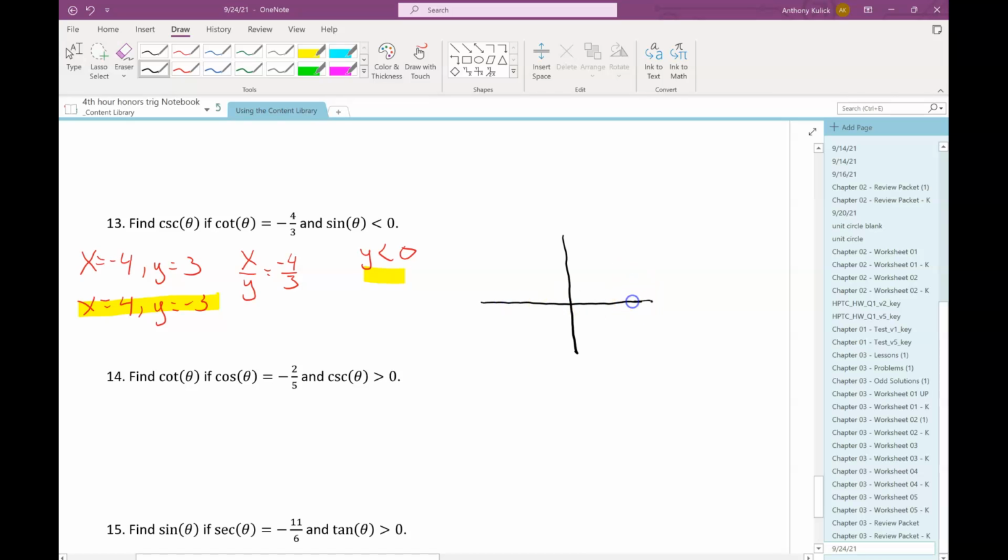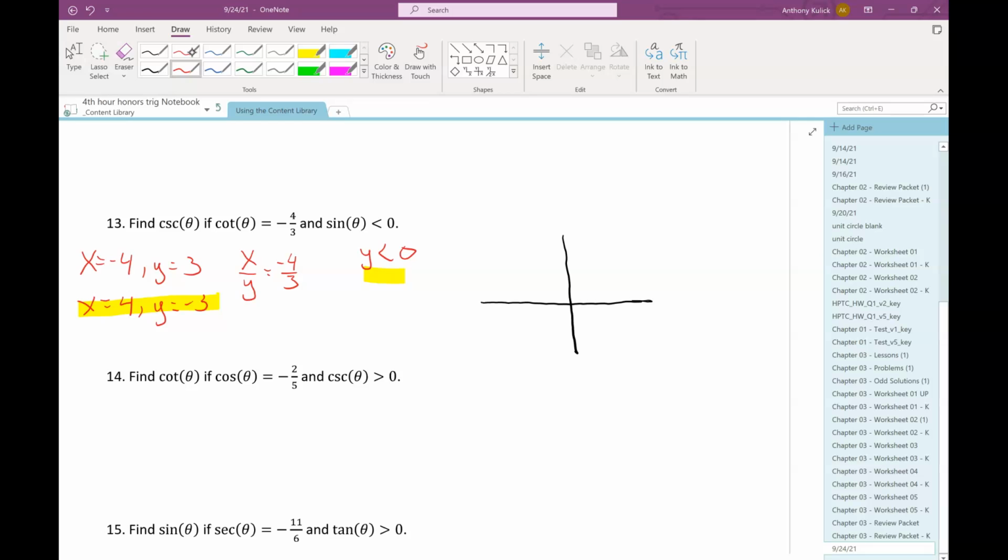But r is always positive, and that alone is enough to determine which quadrant it's in, right? Eventually we'll probably need r because we're probably not going to find the unit circle coordinate.